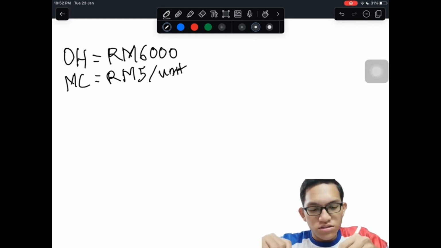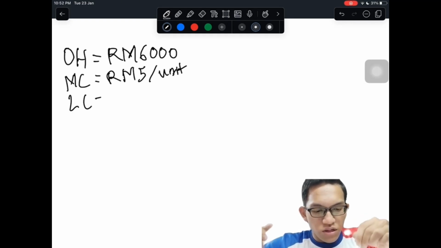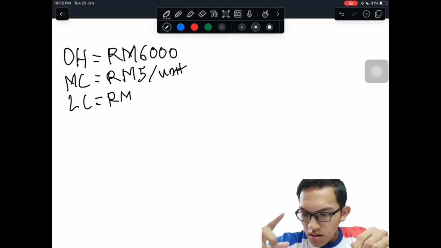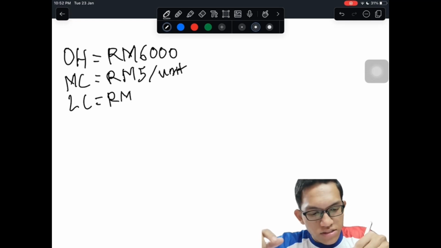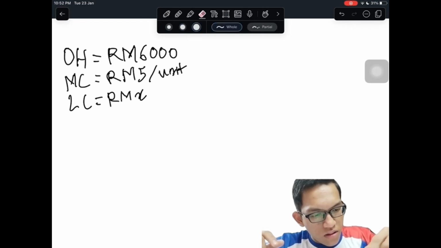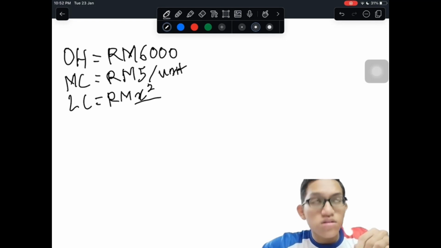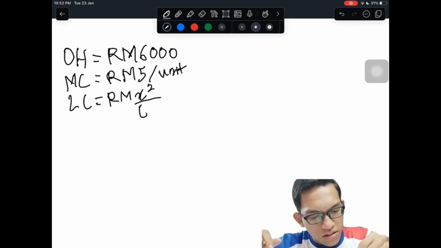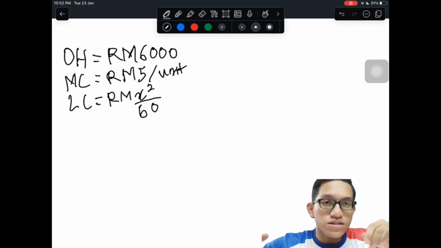For the labor cost, it is equal to X square per 60.